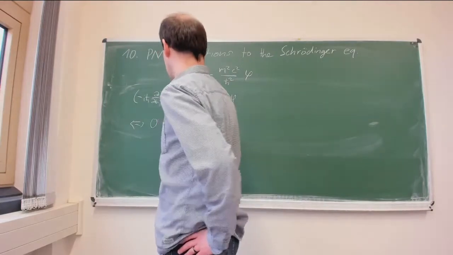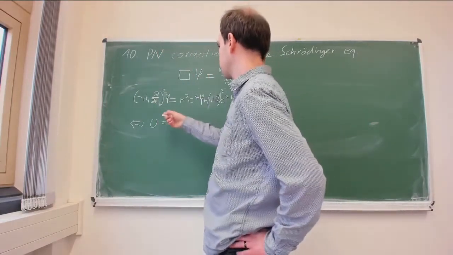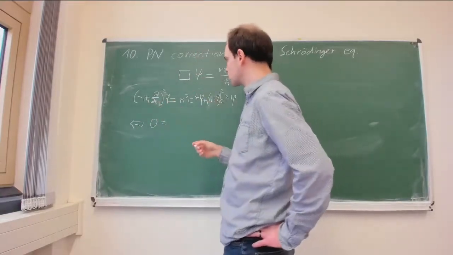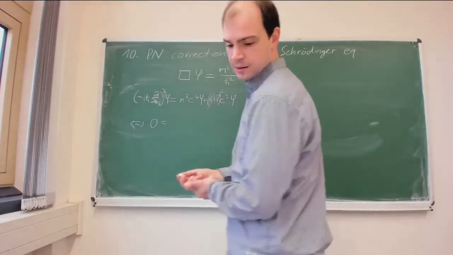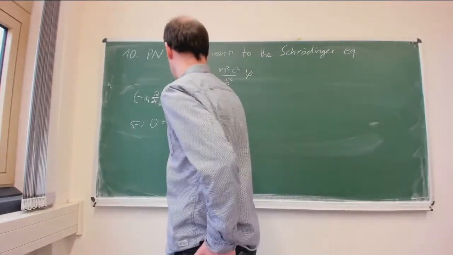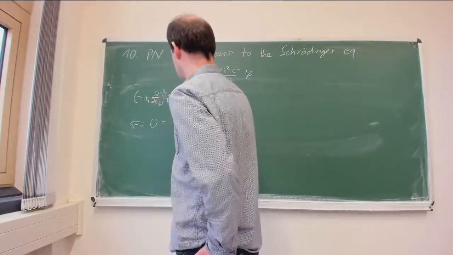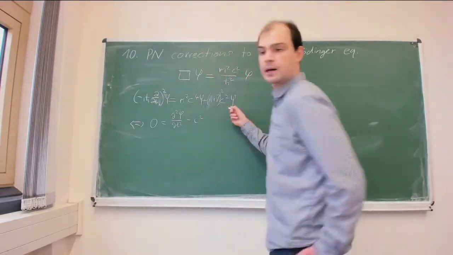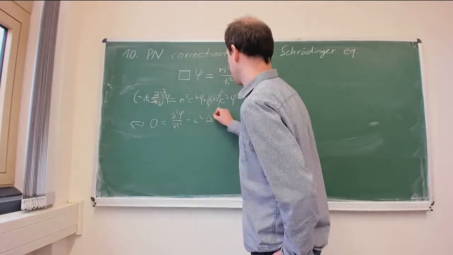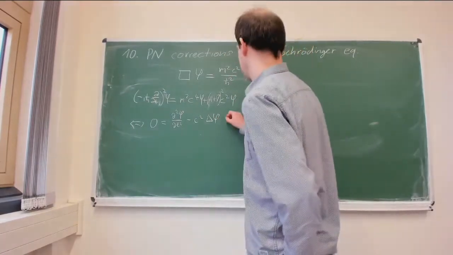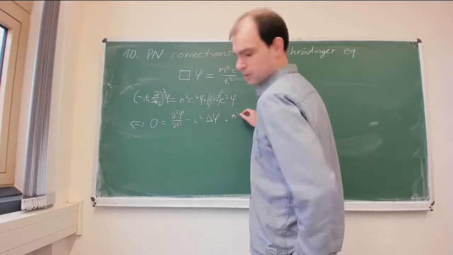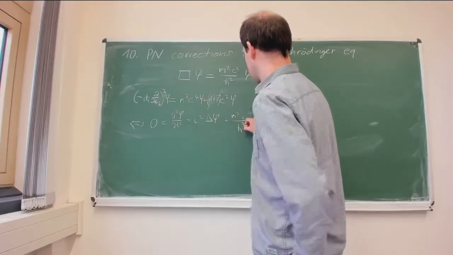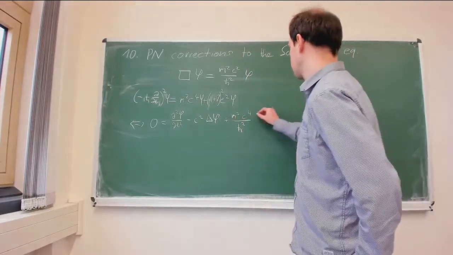If you take this square and then divide by h bar squared, then we find 0 equals the second order time derivative of our field, minus c squared times the Laplacian of our field, plus m squared c to the fourth divided by h bar squared, phi.